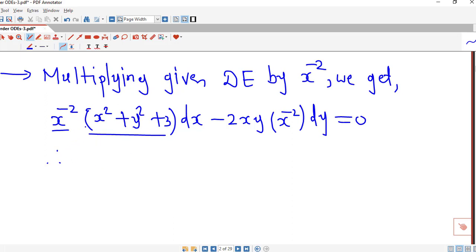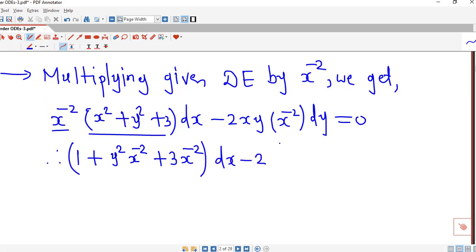So we have x raised to 2 minus 2, that is 0, that is 1, plus y square times x raised to minus 2 plus 3 into x raised to minus 2 dx minus 2y is there, x raised to minus 1 y dy equal to 0.